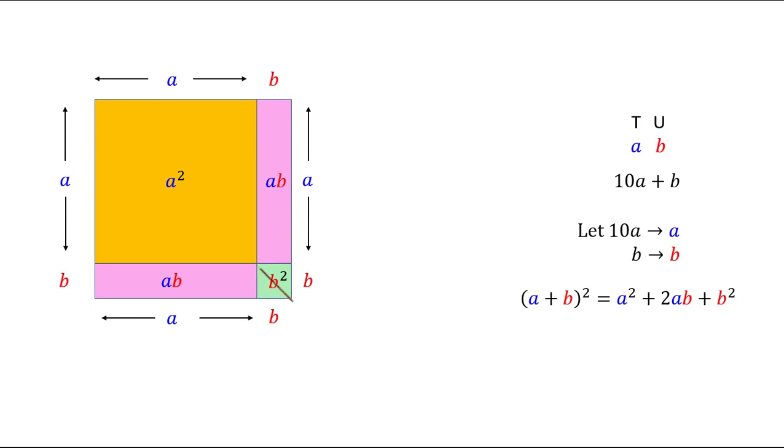So we draw a square whose sides are a, so we get an area of a squared, which is this portion. Then we have two pink rectangles whose sides are a and b, so the area is ab, and so is this area ab, so we have 2ab. And then we have a tiny square whose sides are b. So this area is b squared. So (a plus b) the whole squared is a squared plus 2ab plus b squared.